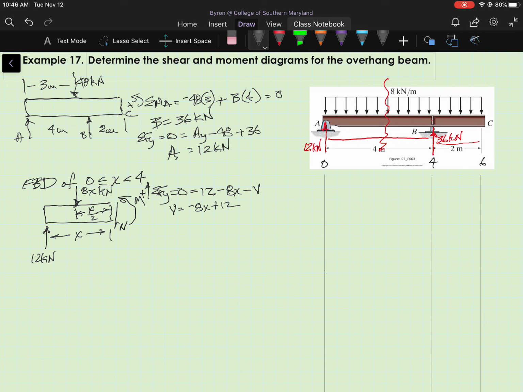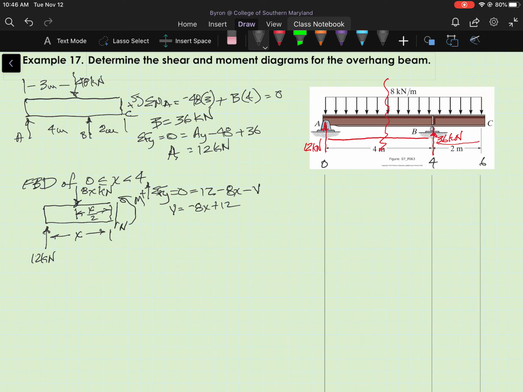So the shear function is a straight line that has a slope of -8, and I'm going to go ahead and graph that underneath the original figure of the beam here.